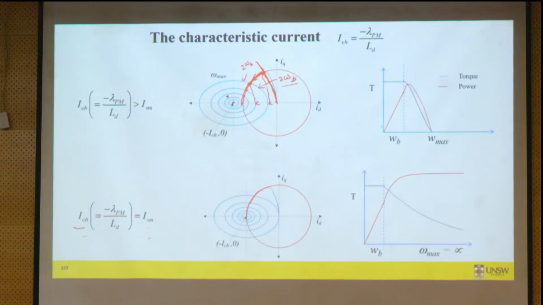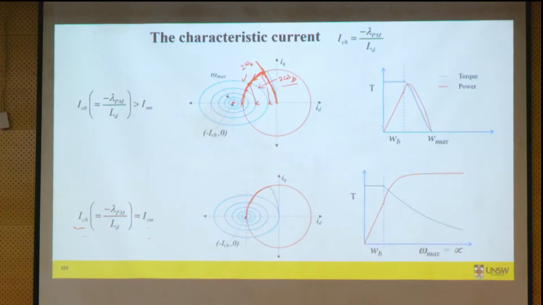So that's why, remember, we talk about wanting to make the characteristic current the same as the rated current. If we do that, in the voltage limit and current limit circles we can understand that we can keep getting flux weakening for an infinite range of speed.